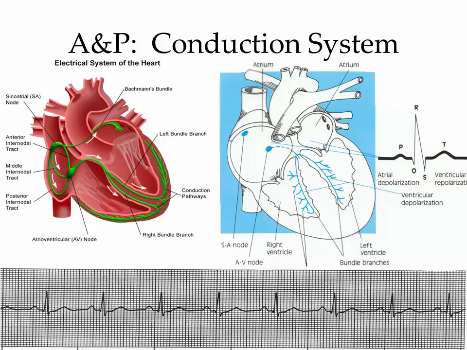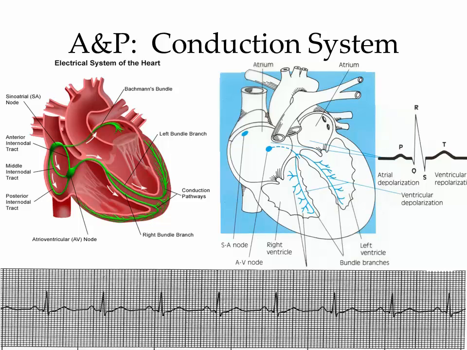So the P wave tells us that the SA node has fired and the atria are contracting. The QRS wave tells us that the AV node has fired and the ventricles are contracting. And then the T wave tells us that the ventricles are recharging. They're building back up, getting ready to fire again.